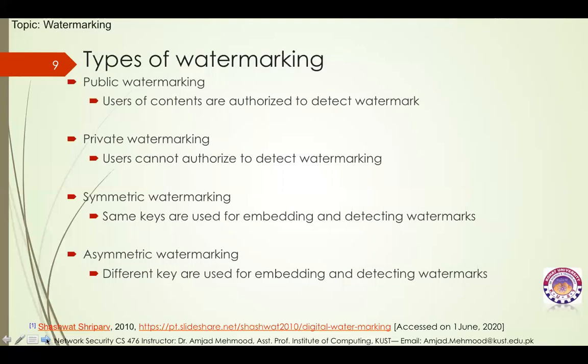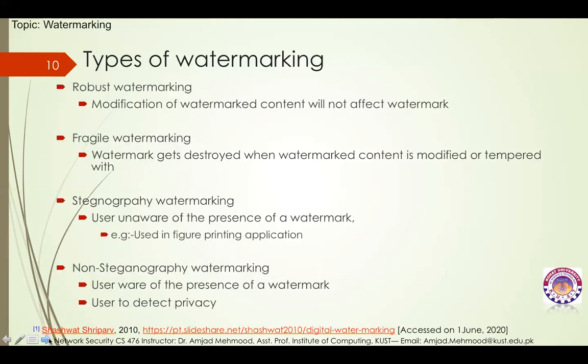Public watermarking means that users of the content are authorized to detect a watermark, whereas in private watermarking, users are not authorized to detect the watermark. Symmetric means the same keys are used for embedding and extracting a watermark, whereas in asymmetric watermarking, different keys are used for embedding and detecting.